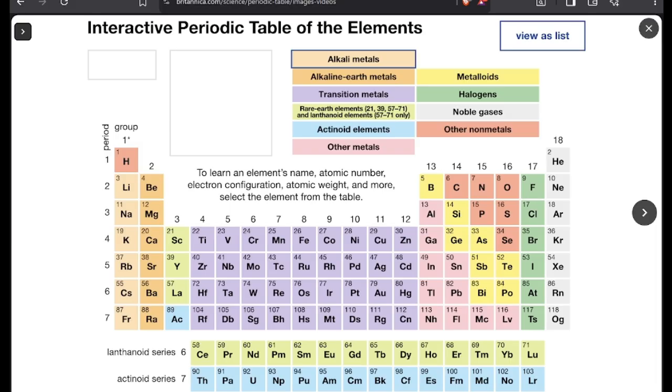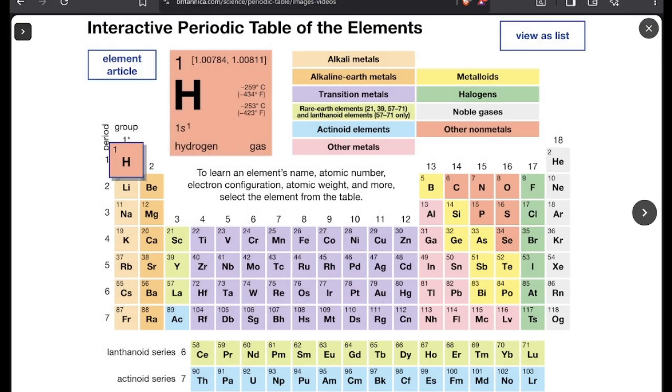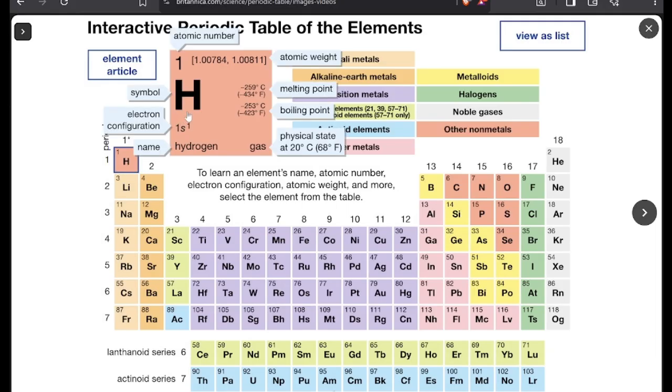Britannica.com is an encyclopedia. So this periodic table is interactive, so you can click on an element and learn more about the element. For example, if I click on hydrogen, it will show all this different information: atomic number, atomic weight, melting point, boiling point, physical state, electron configuration, symbol, name, etc.